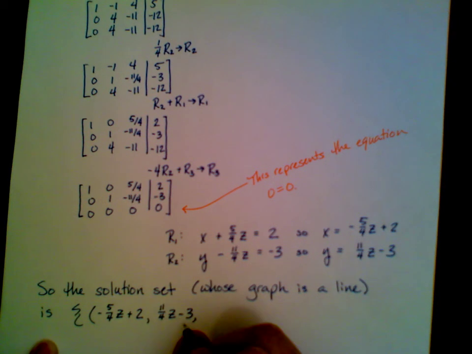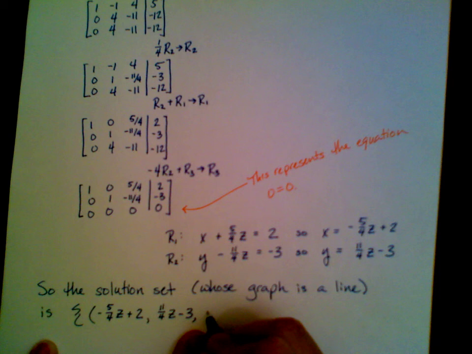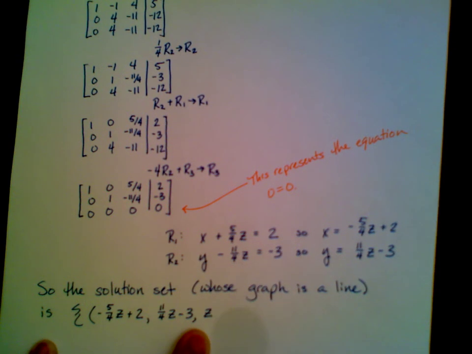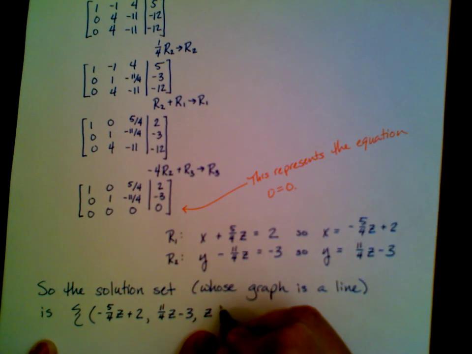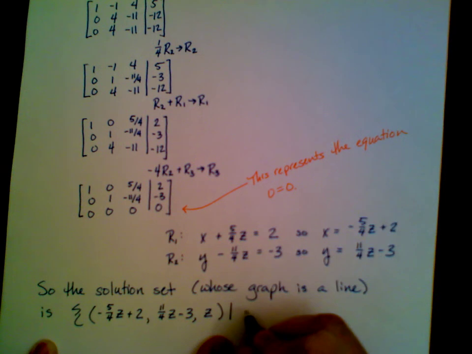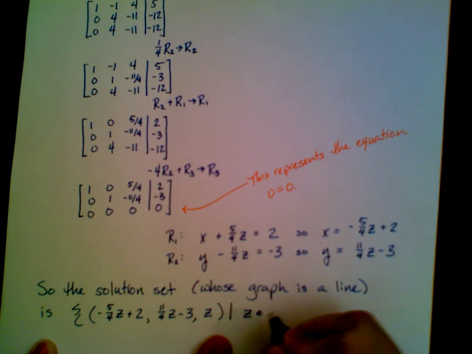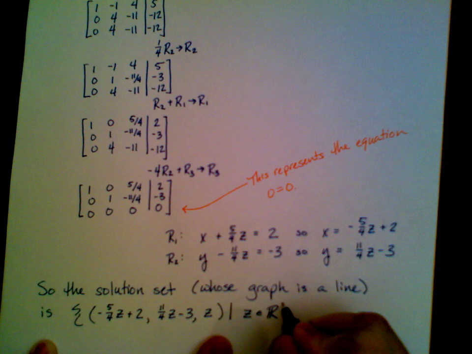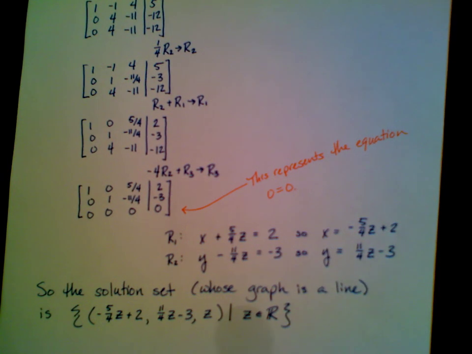And the z-coordinate, well, everything here is in terms of a z, so the z-coordinate, I can just write a z. And then we have a vertical bar. And that's going to be true for all real numbers of z.